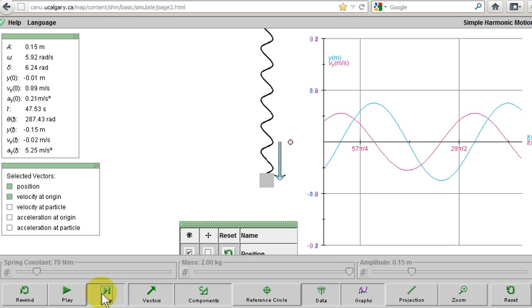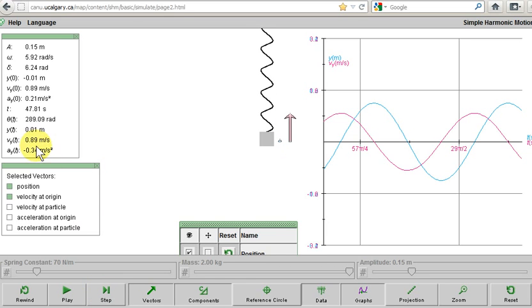So now the speed is increasing through 0 and up to 0.89. That's the maximum speed. Then the speed decreases again. The velocity is positive here. Now the velocity is negative. The speed is still positive. The velocity now is minus 0.89 meters per second, but the speed is plus 0.89. That's the maximum speed.